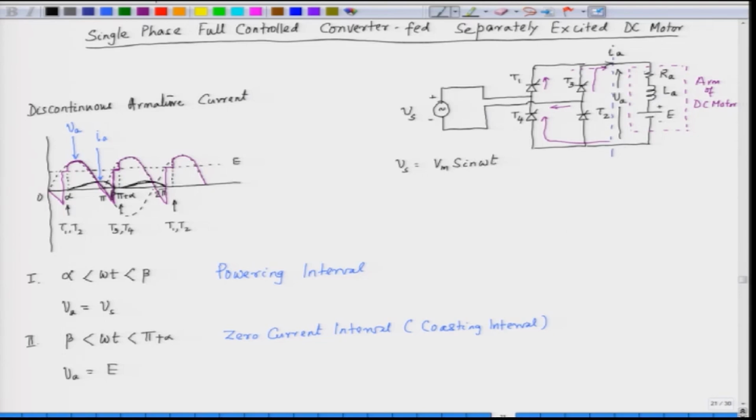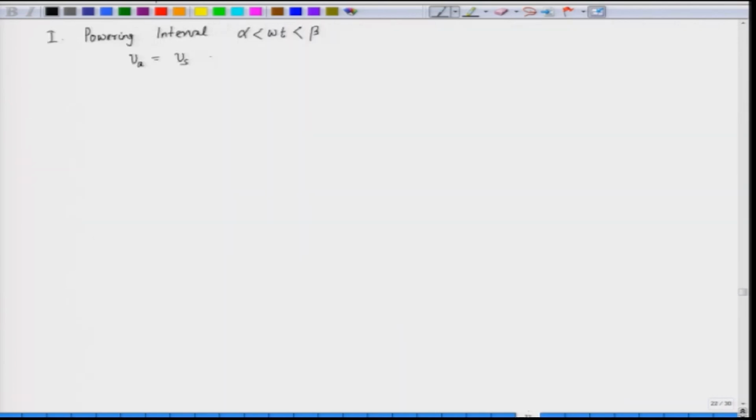One is the drop across the resistance, the other is the drop across the inductance, and the third is the back EMF. So, we can say here that Va is equal to the resistance drop Ra Ia plus the inductance drop La dia by dt plus the back EMF which is E.